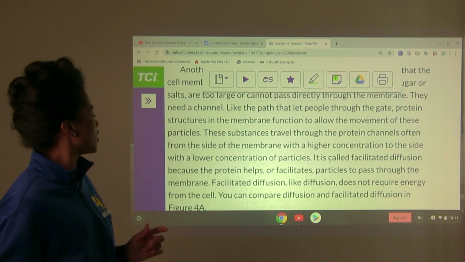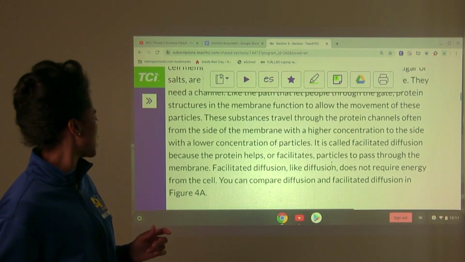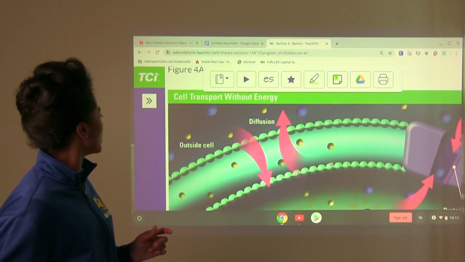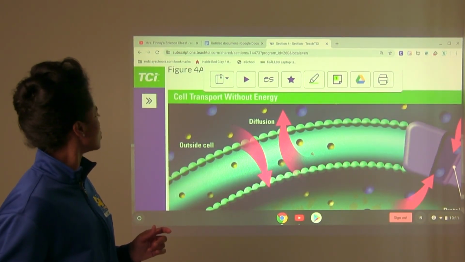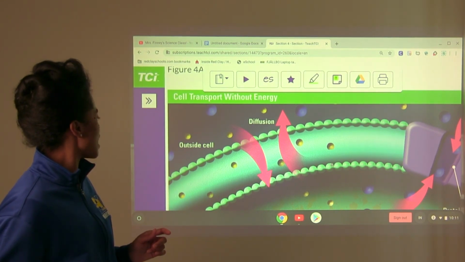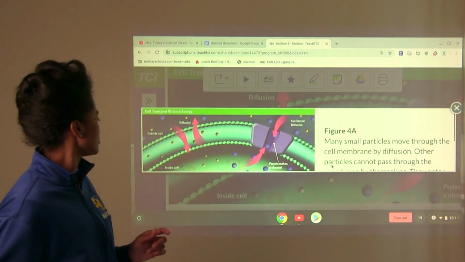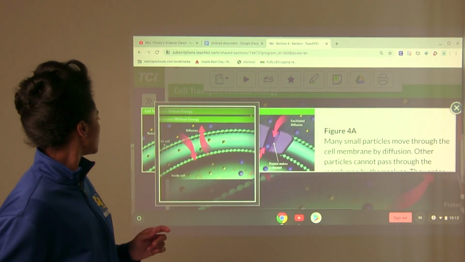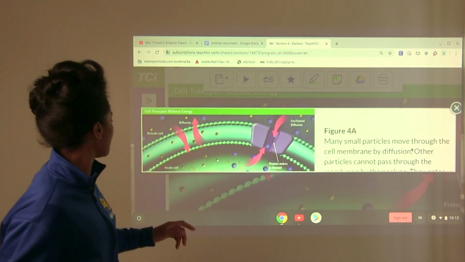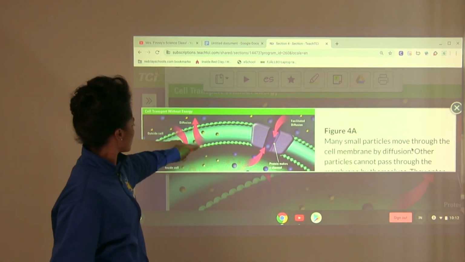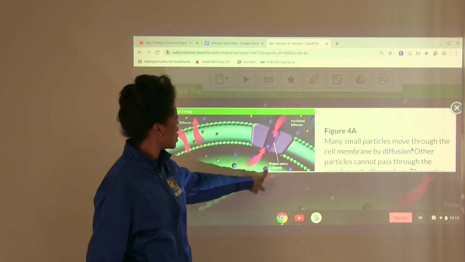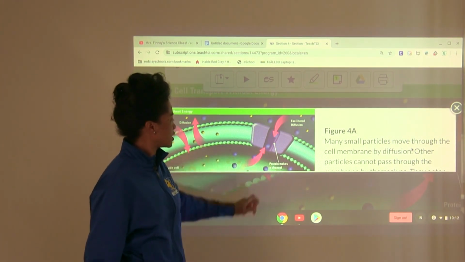You can compare diffusion and facilitated diffusion in figure 4a. So here are two ways to transport particles through the cell without energy. Right, let's take a look here at your picture. Okay, so here we see diffusion, and here you'll see facilitated diffusion using protein.